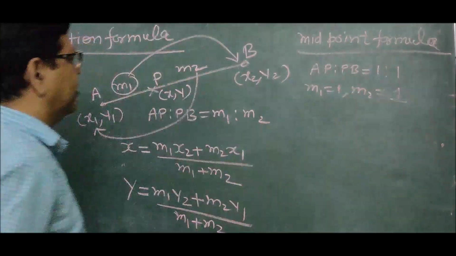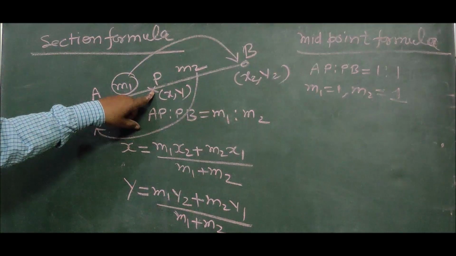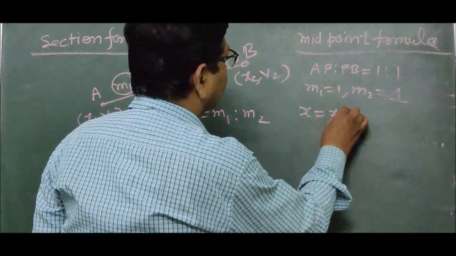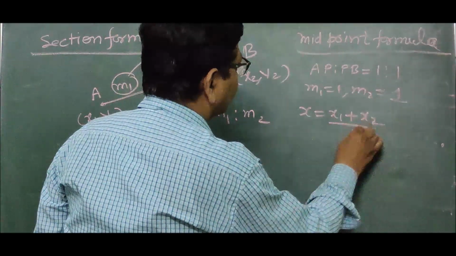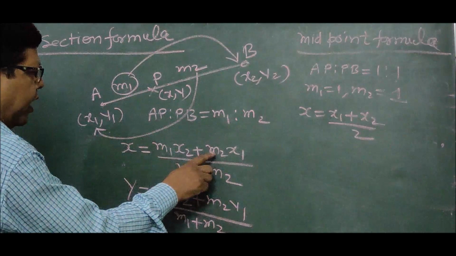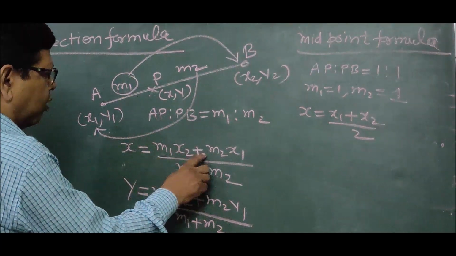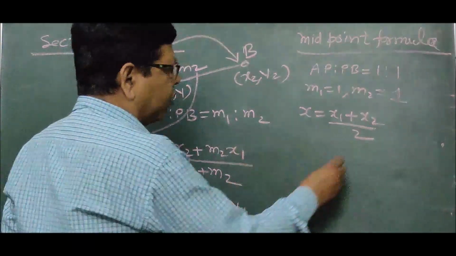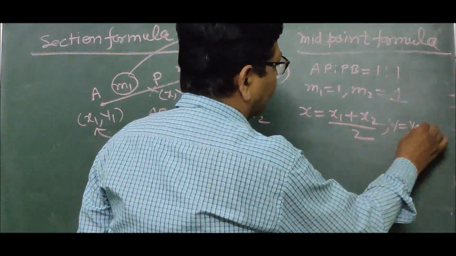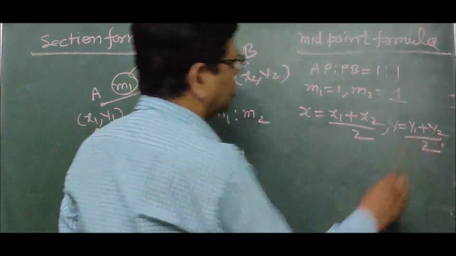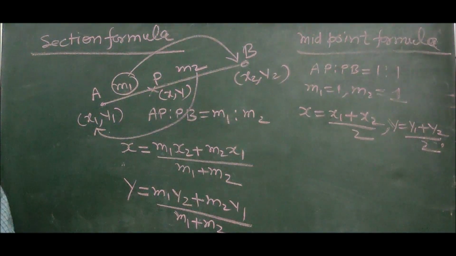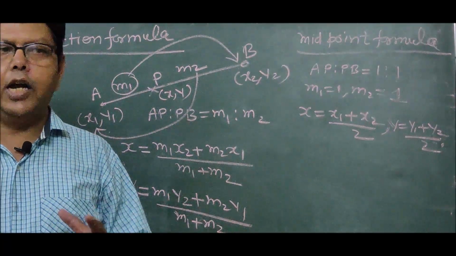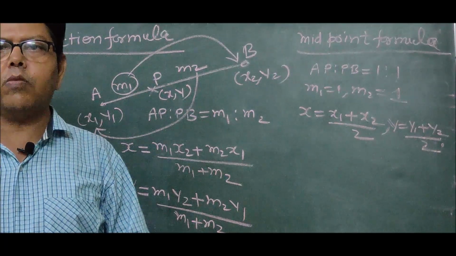In that case, the x coordinate of the midpoint is x1 plus x2 upon 2, putting m1 is equal to 1 and m2 is equal to 1. So 1 into x2 plus 1 into x1 upon 1 plus 1, that is x1 plus x2 upon 2, and y coordinate is equal to y1 plus y2 upon 2. So by just adding the x coordinates and dividing by 2 and just adding the y coordinates of the endpoints and dividing by 2, we can get the coordinates of the midpoint.